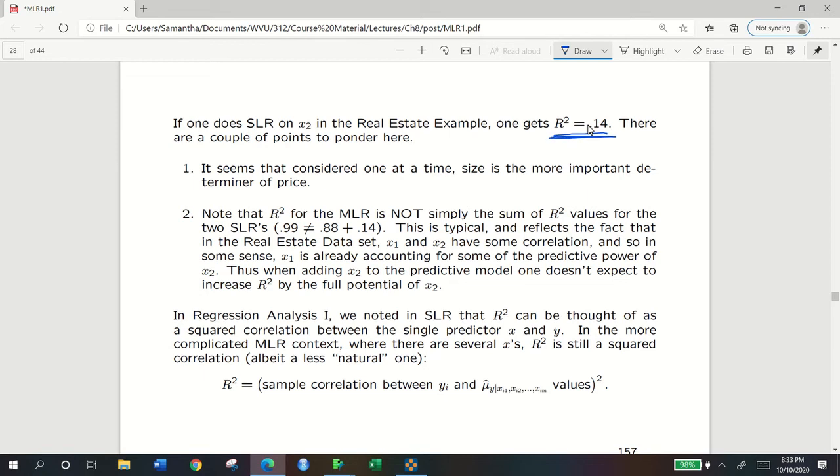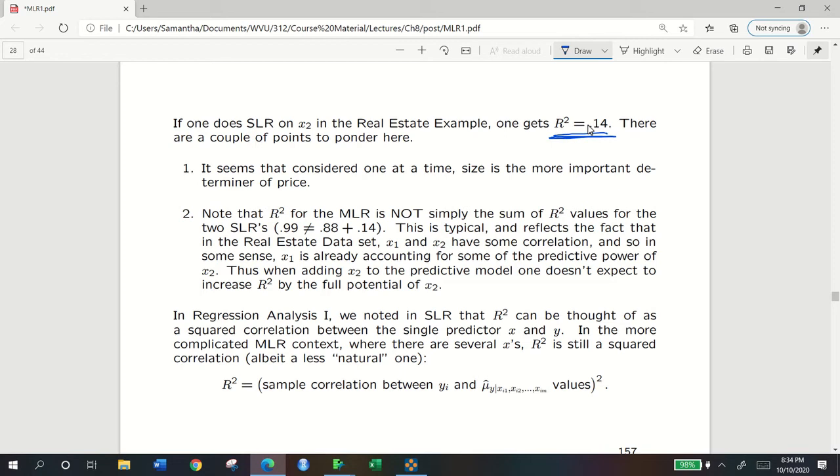At this point, you know that an R squared equal to 0.14 is not that great of an R squared value. You would look at it and question whether you'd want to even use that predictor at all. And at the very minimum, you can see that size is definitely a better predictor of selling price than condition.